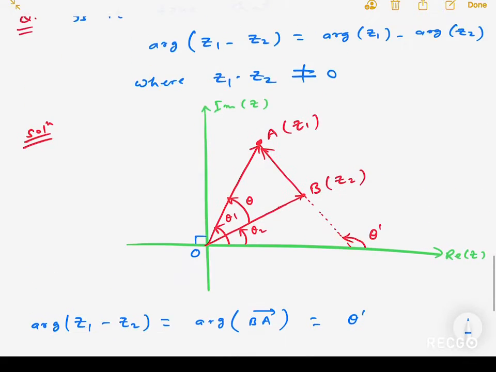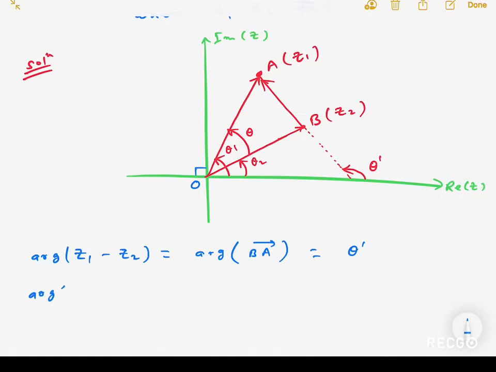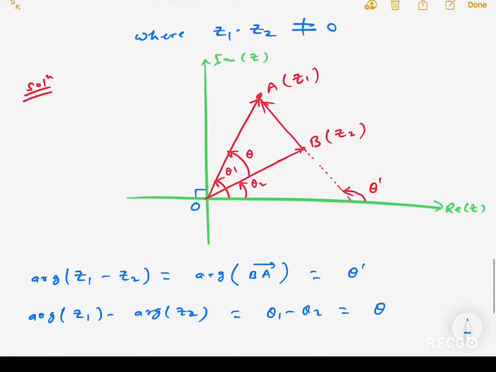Now argument of z1 is theta 1 and argument of z2 is theta 2. So argument of z1 minus argument of z2 is equal to theta 1 minus theta 2, right? And this is equal to theta. So they are asking, is it true that theta is equal to theta dash? Now it may be true, it may not be true.